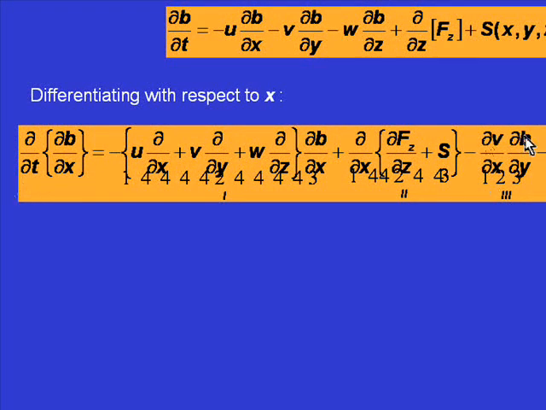Now, how about this term? Can everybody see anything in that term? Don't get distracted by the numbers that appear there. dVdx means what? A lateral shear.